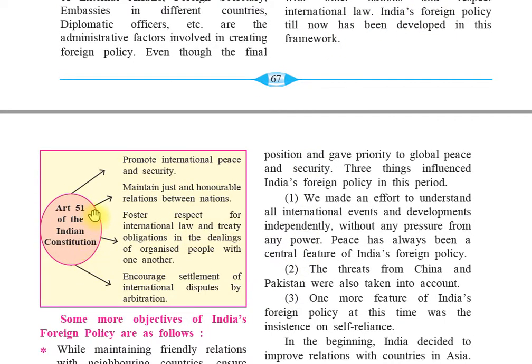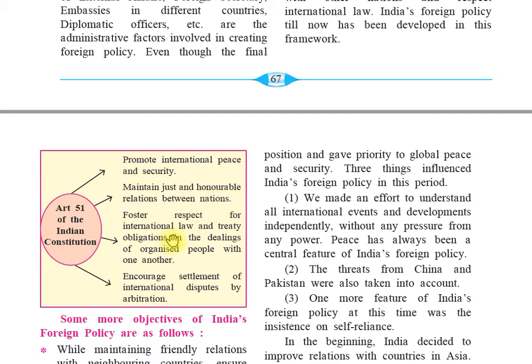Now see here, what does Article 51 of the Indian Constitution tell? Promote international peace and security, maintain just and honorable relations between nations. Here, just means have justice and have good relations between nations.